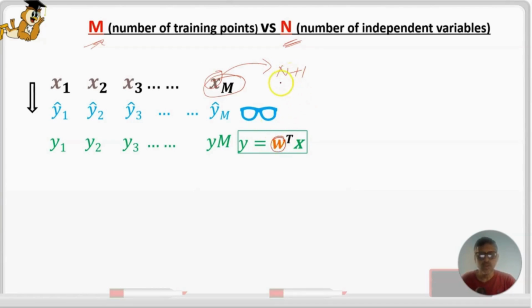So n plus 1 is the dimension of each of these vectors x, n is the number of independent variables, and m is the number of points in your training data. These numbers could be anything. Depending upon how complicated your model was, n could be more, and m depends on how much data you gathered. The more data you gather for your training, the higher is the m. So these are the two quantities that we are talking about.